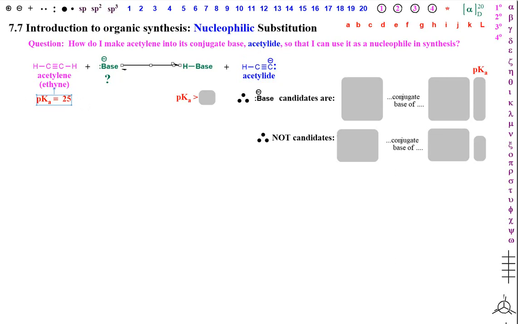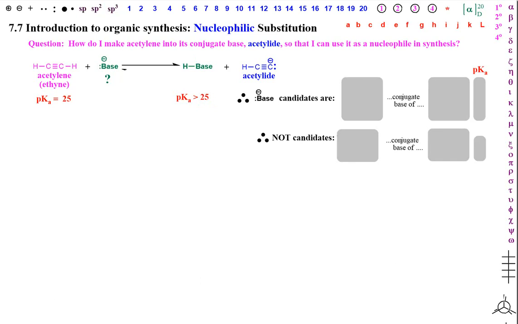For this equilibrium to go almost exclusively to the right, we need a number here for this acid. I know it says H base, but you know that's the conjugate acid of this base. I need the pKa of that acid to be greater than, you guessed it, 25.